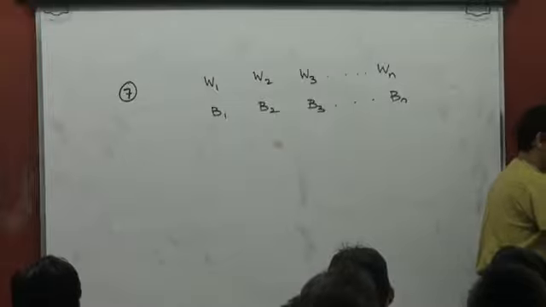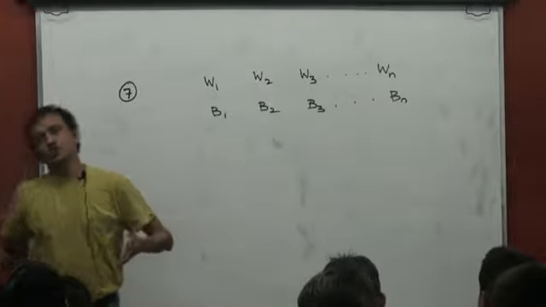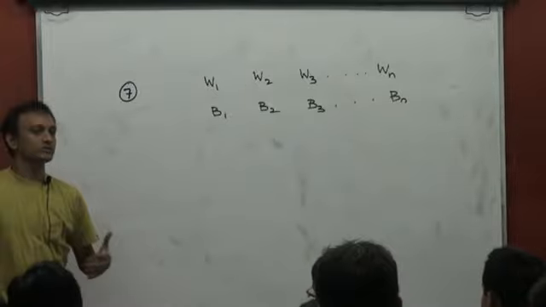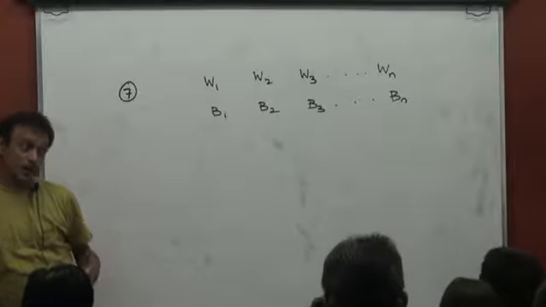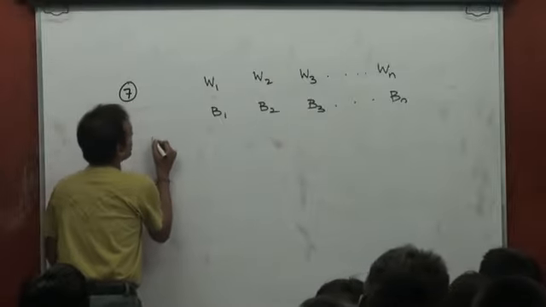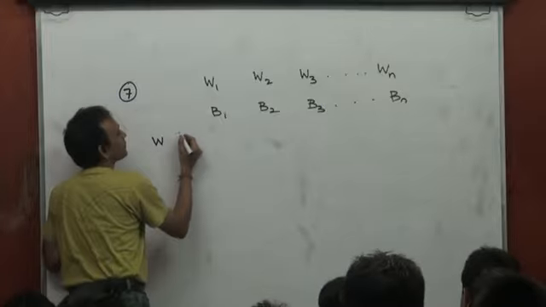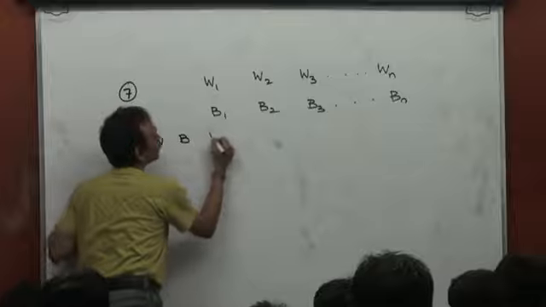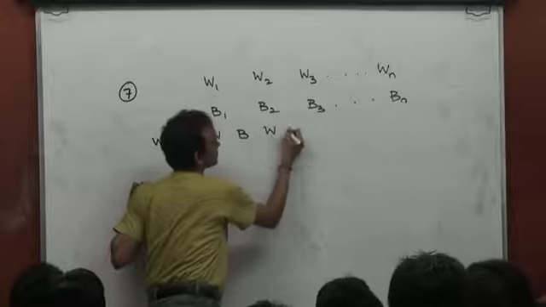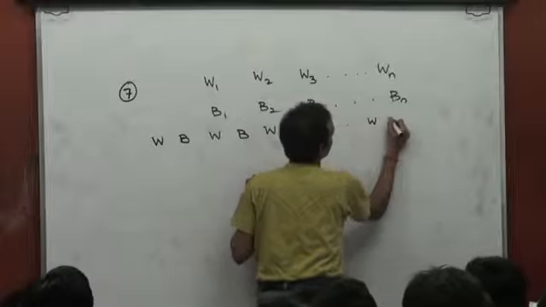Now, the arrangement could start with a white ball or it could start with a black ball. Suppose it starts with a white ball. Then it's going to be white, black, white, black, white, black, etc. White, black.